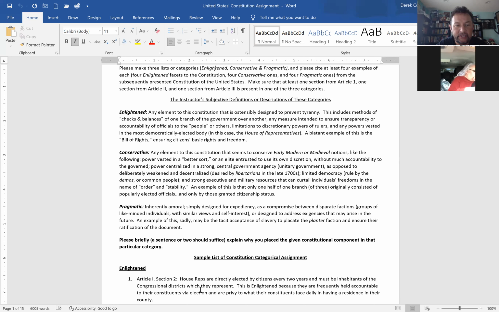I also gave it as an example, and it's arguable because you could disagree with me, but I also mentioned Article 1, Section 8 on Congress, and it gives a long list of what Congress can do. Borrow money, raise an army, regulate interstate trade, issue standards, weights and measures, coin money, declare war, etc. So those might be perhaps examples of pragmatism seen in the Constitution.